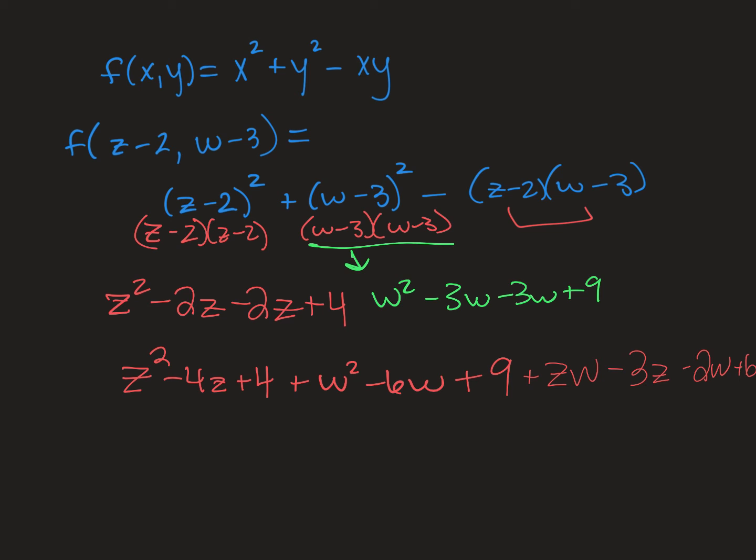And now we get to combine like terms. We only have one z squared, then minus 4z and minus 3z becomes a minus 7z.